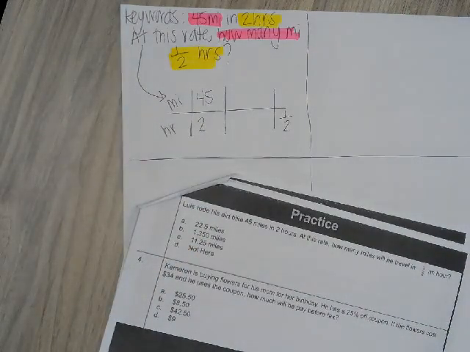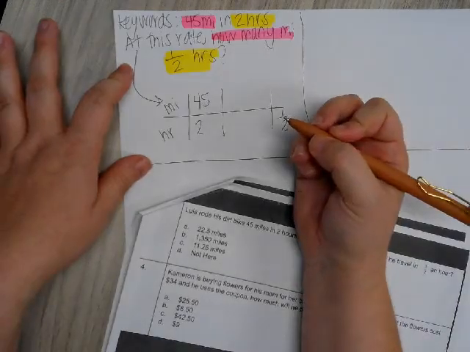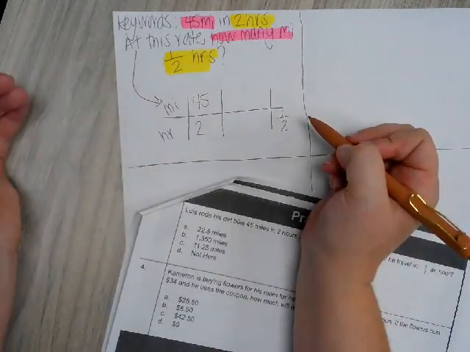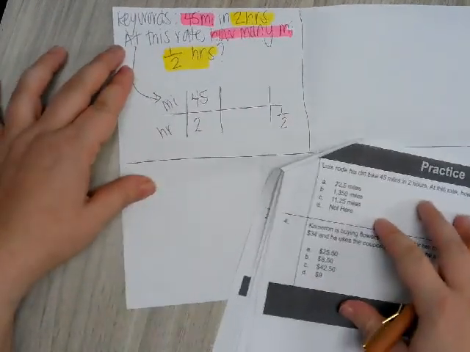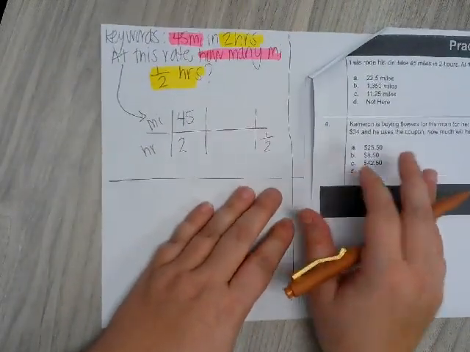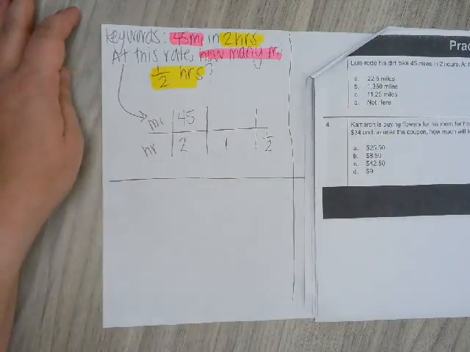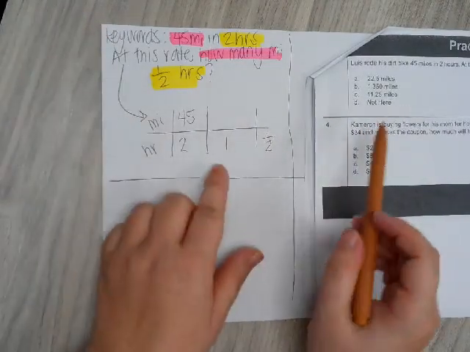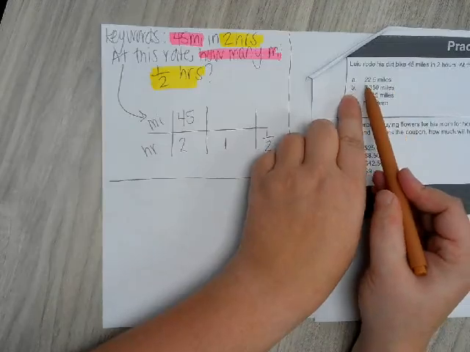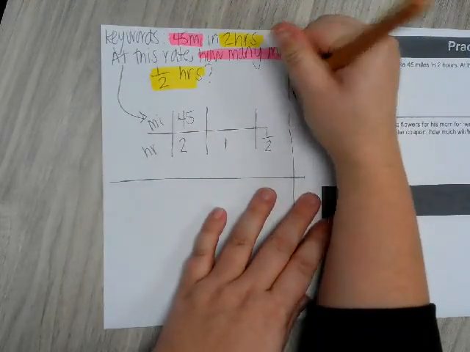So, do we know how many miles are in 1 hour? Well, if I look at my answer choices, we know that B cannot be my answer at all because it's way too much. We know that it has to be less than 45.